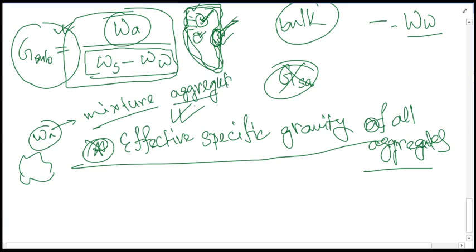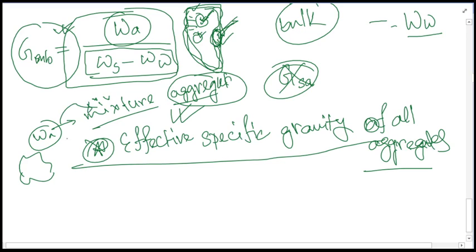If we had taken only the weight of aggregate instead of the mixture, in case of the previous bulk specific gravity, that would have been the bulk specific gravity of the dry aggregates. But as we have used the mixture, it is called the bulk specific gravity of the bituminous mixture of aggregate.